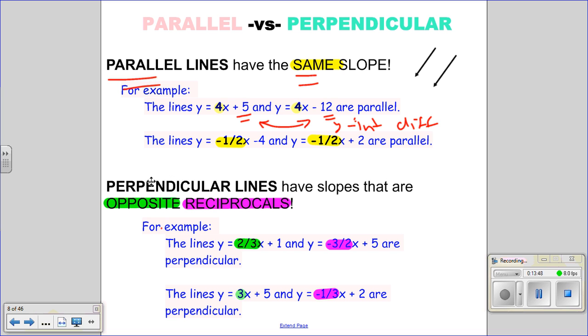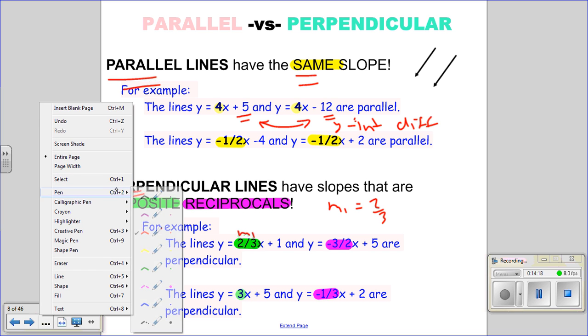Now when it comes to perpendicular, you're looking for opposite reciprocals. Sometimes that word is hard to remember, so sometimes you need to take it in stages. So in the first example, we have our first slope, this is m1, is equal to 2/3. To convert it to the opposite reciprocal, the first thing I would do is write the opposite of 2/3.